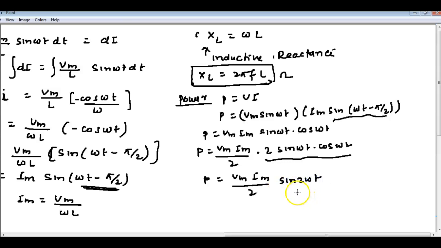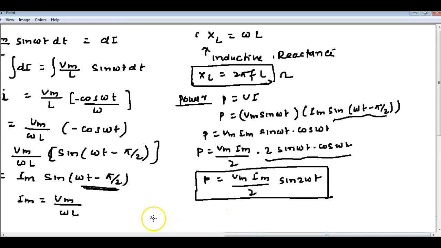Any doubt till here? So this will be the power of this coil. How will you find the average power? Same thing as before. Average power is equal to 1 by 2 pi, integral from 0 to 2 pi, of Vm Im by 2 times sine of 2 omega t.